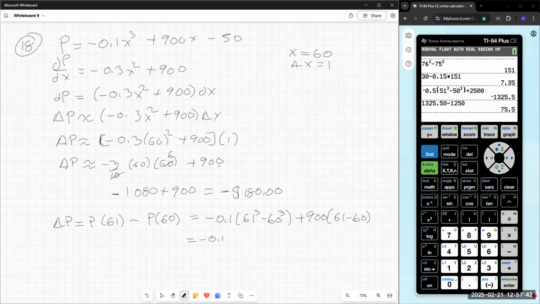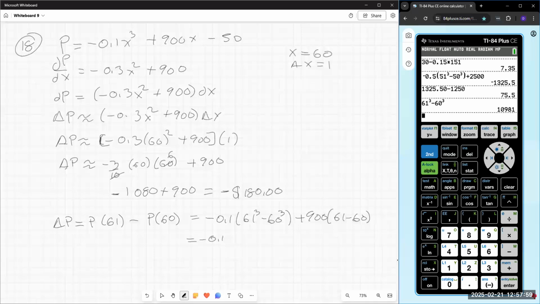Negative 0.1 times 61 to the third minus 60 to the third is 10,981, plus 900 will be a negative 1098.10 plus 900.